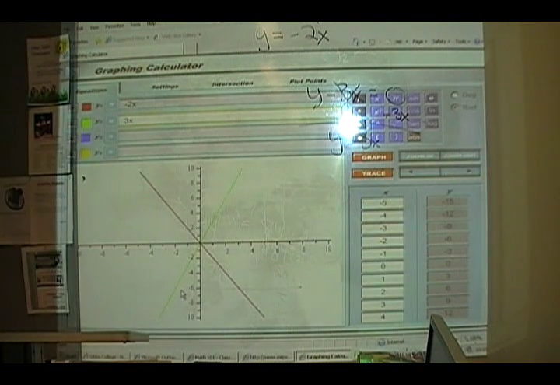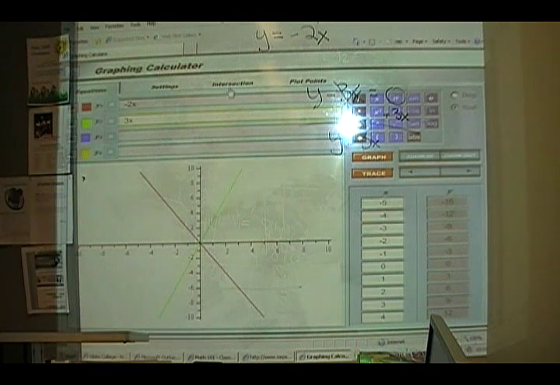Now it's asking you to decide which ordered pair is a solution. In other words, what's the one point that is a solution for both equations? That would be the point where they intersect. You can see on the graphing calculator where they cross. They happen to cross at 0, 0.